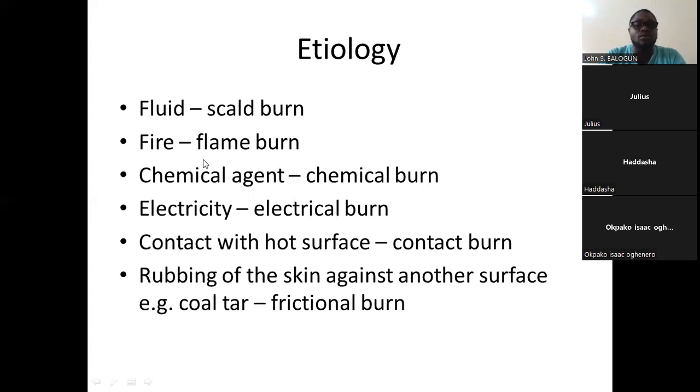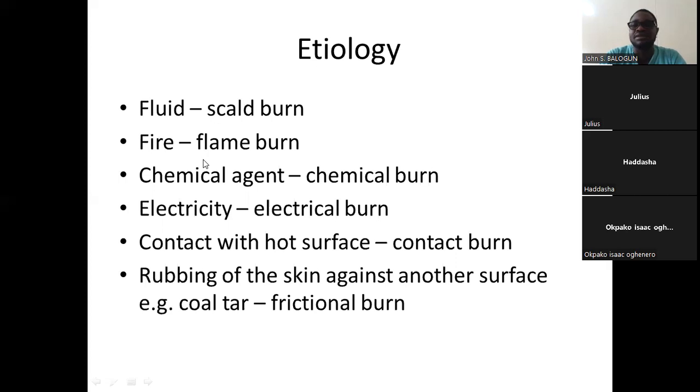Before we go to their presentation, there's also another form of classification which is based on how it occurs, the etiology. When a burn is caused by a fluid, it's called a scald burn, and in our environment, the common cause of scald burn is hot water. When it's caused by fire, it's called a flame burn.